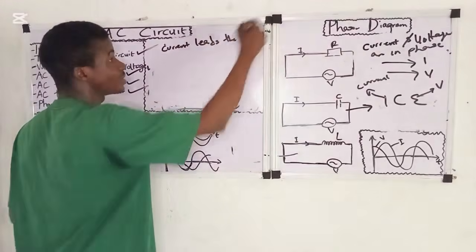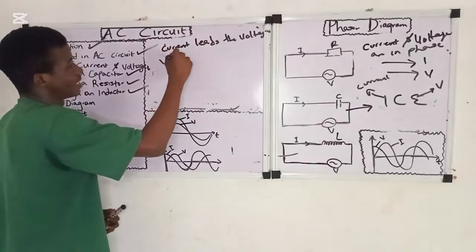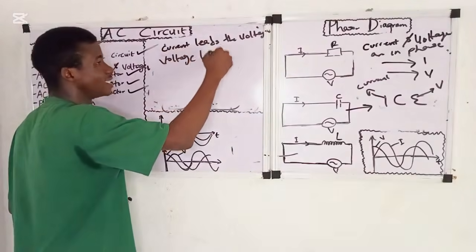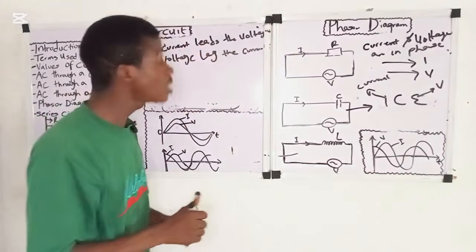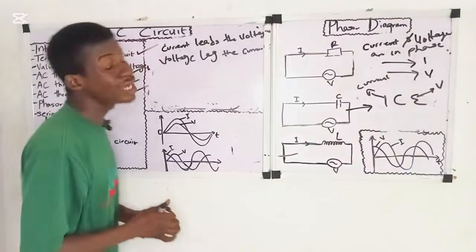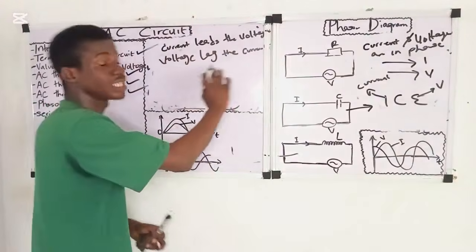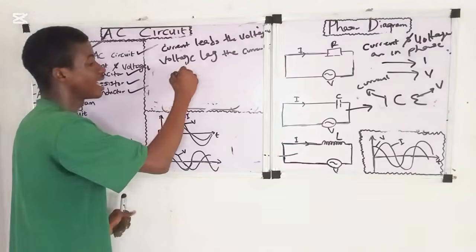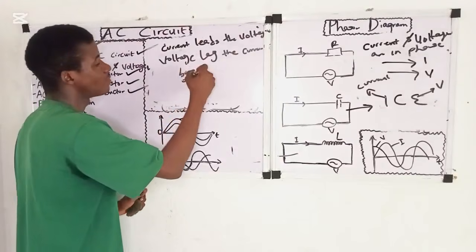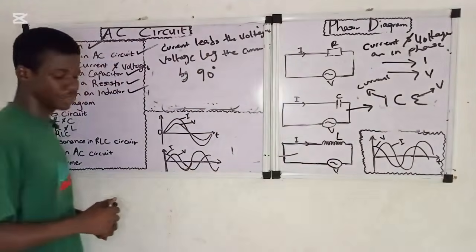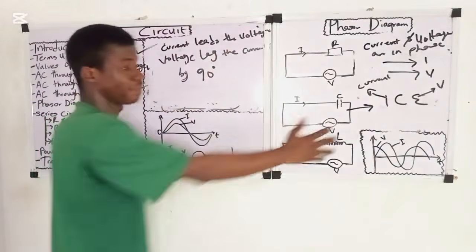So current leads the voltage, or you can say voltage lags the current. In a purely capacitive circuit, the current leads the voltage, or the voltage lags the current, by an angle of 90 degrees.